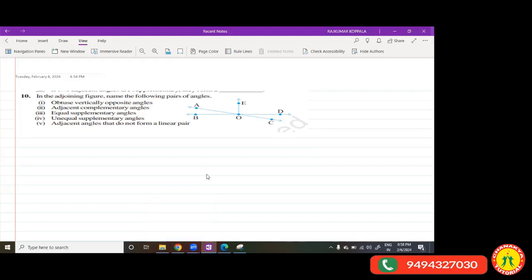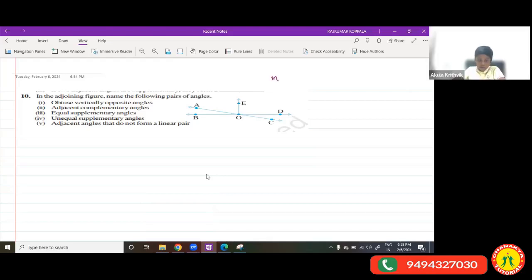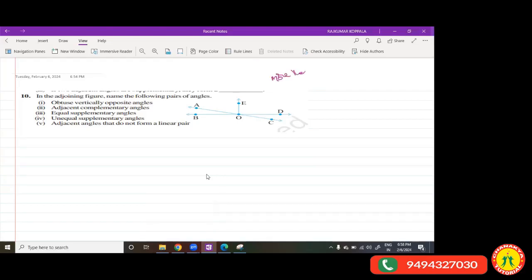This angle, obtuse. What is the meaning of obtuse? Can you say first? More than 90 degrees but less than 180 degrees. So from here to here 90, from here to here more than 90. So what is this angle? Obtuse or not?